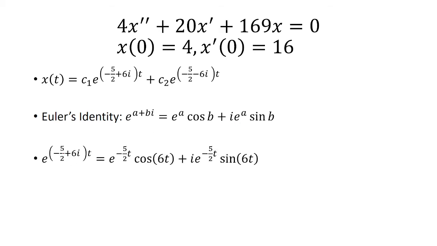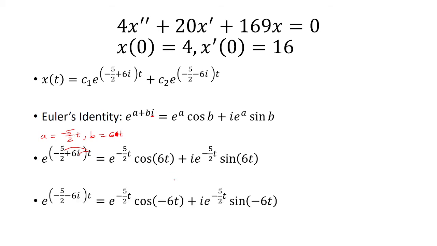So for e to the negative 5 over 2 plus 6i, times t, a is going to be negative 5 over 2 t, because you want to distribute the t to both terms. And so b is going to be 6t, because we don't include i for b. So it should be 6t, and that goes inside the parentheses. And we do the same thing with negative 5 over 2 minus 6i.